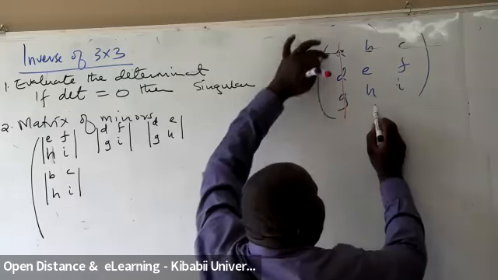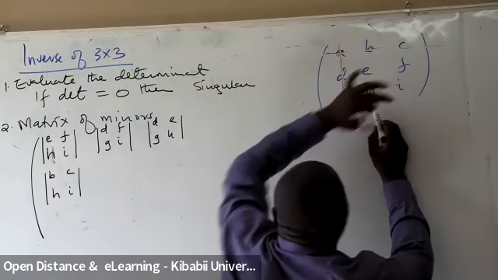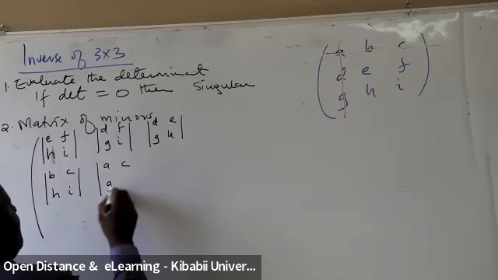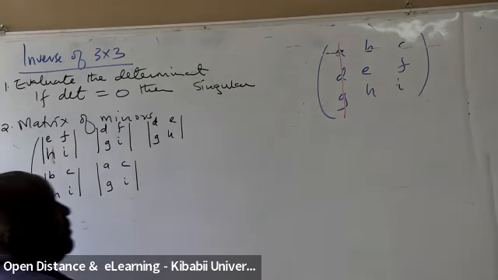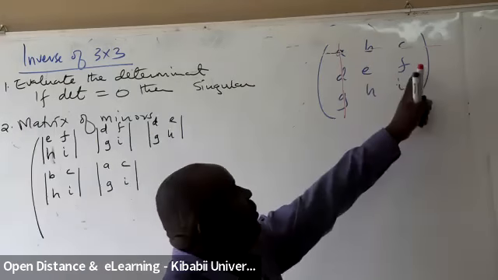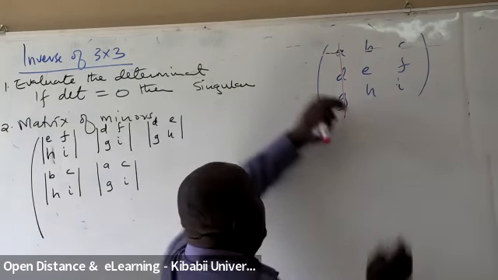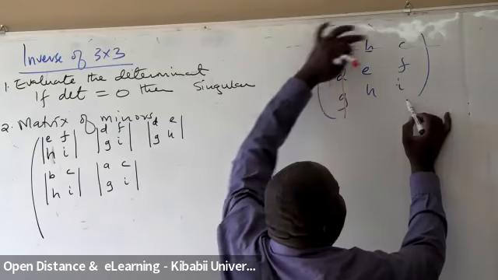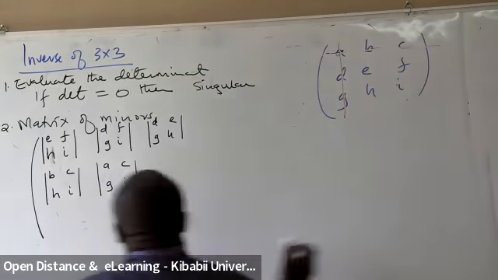So that leaves me with A, C, G, I. I go to element F. F is on row 2, column 3. That leaves me with A, B, G, H.